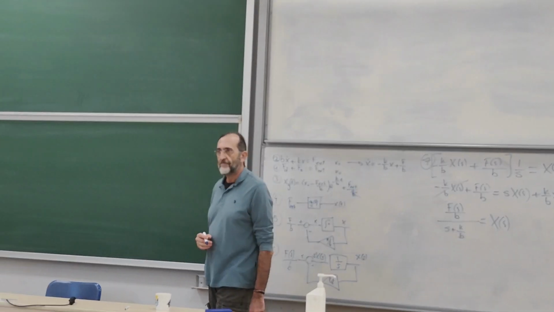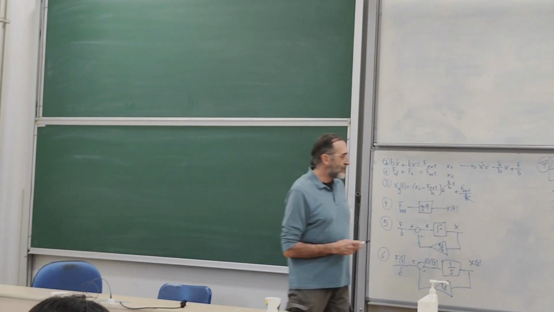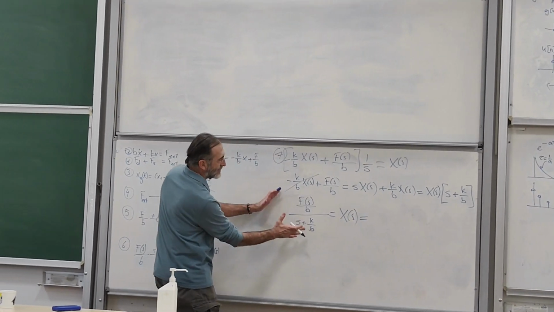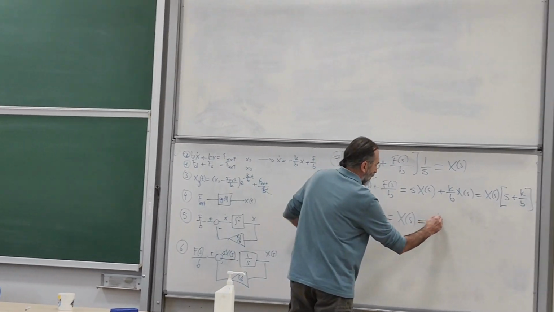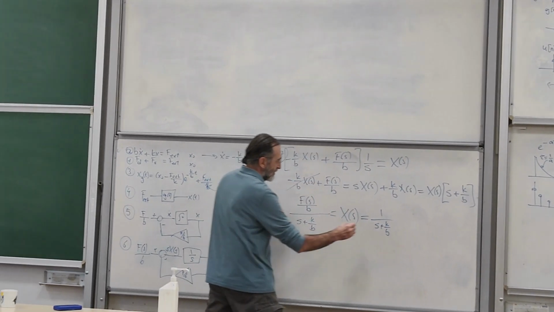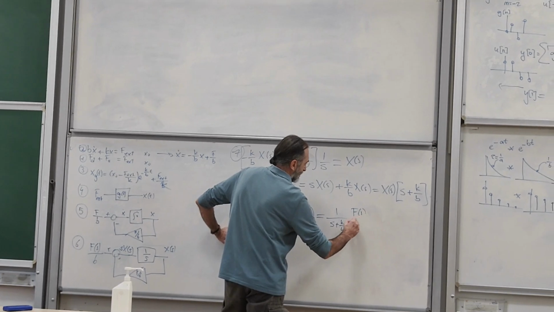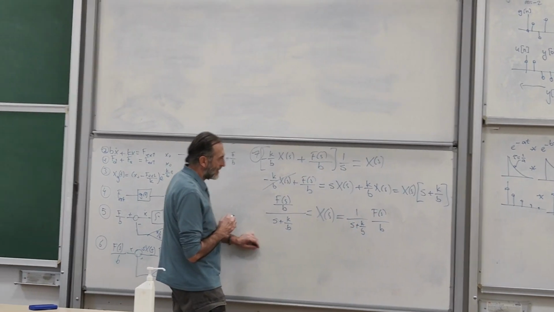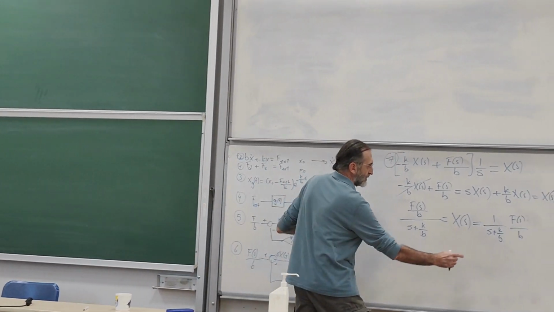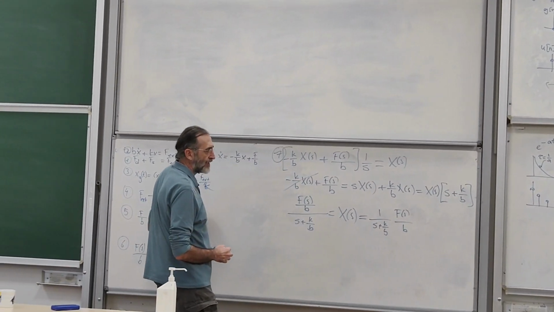Okay? Now then, this X of S equals, I'm going to write the same thing in a different format: 1 over S plus K over B times F of S divided by B. This is my output, and this is my input, right?